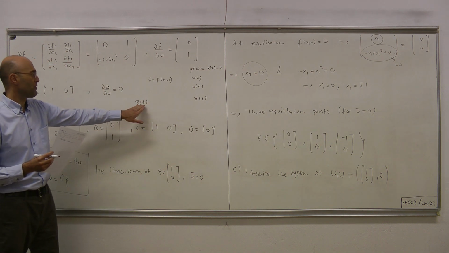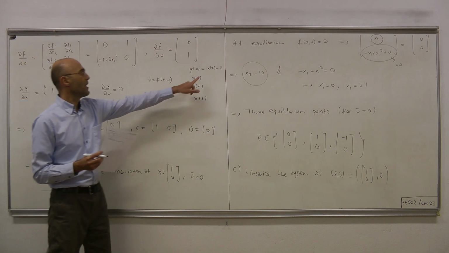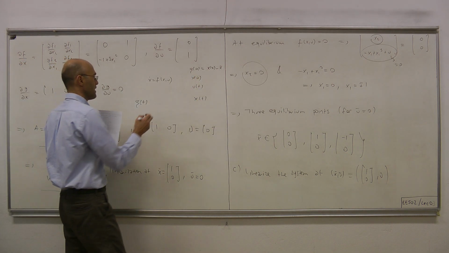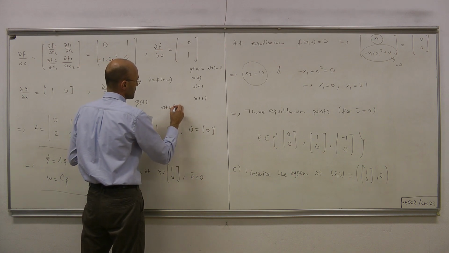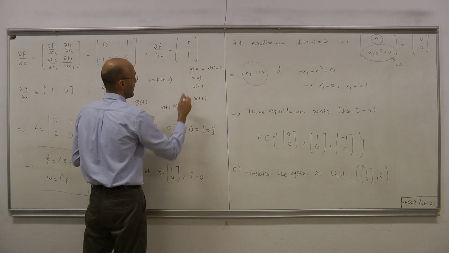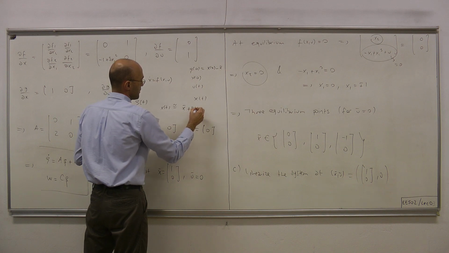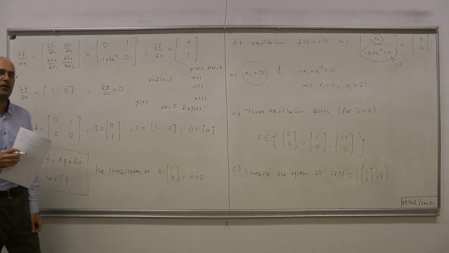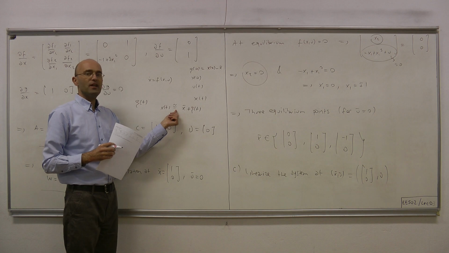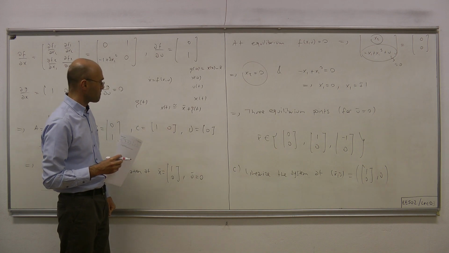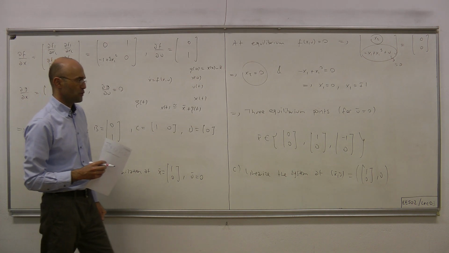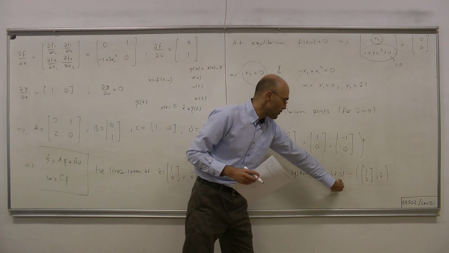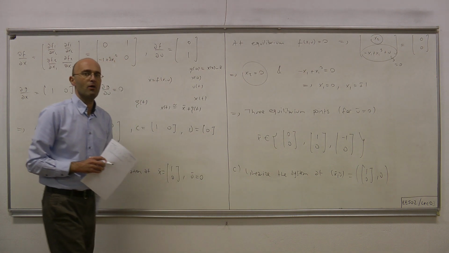The relation of this psi of t to x of t is the following: x of t equals approximately x bar plus psi of t. This approximation is good as long as x and u remain close to the point where you perform the linearization, x bar, u bar.